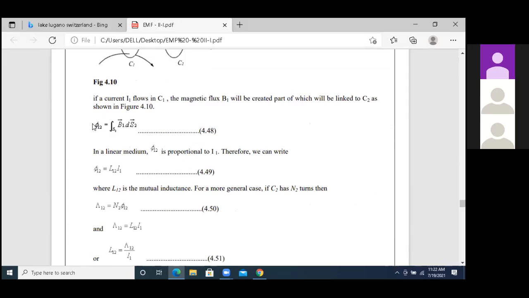So phi1, which is the integral over S1 of B dot ds, in a linear medium, phi1,2, that is the flux due to 1 linking 2, is proportional to I1. So phi1,2 equals the inductance L1,2 times I1.